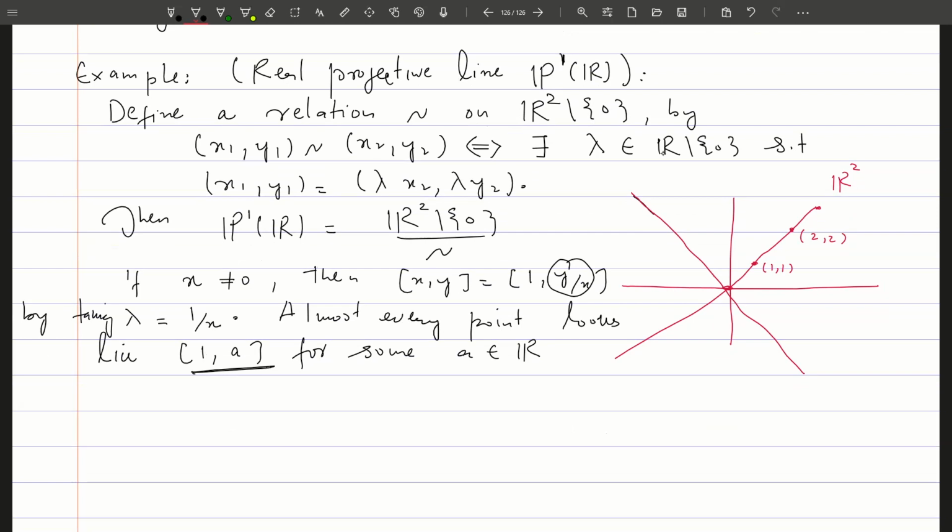But when x is equal to 0, then there is an extra point at infinity.